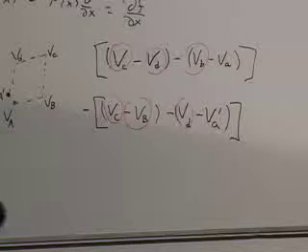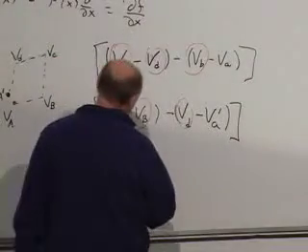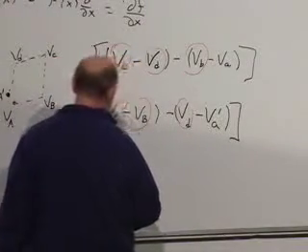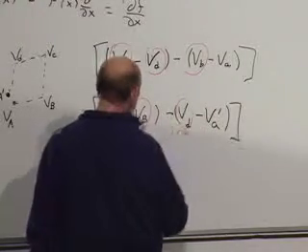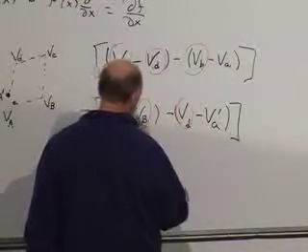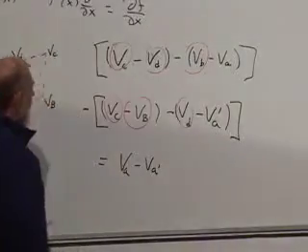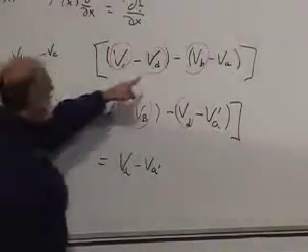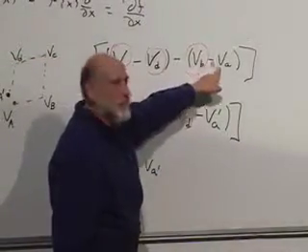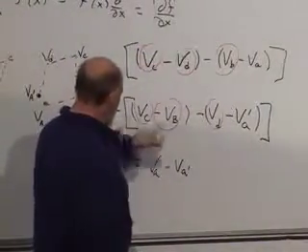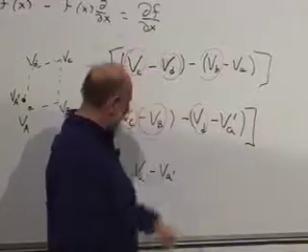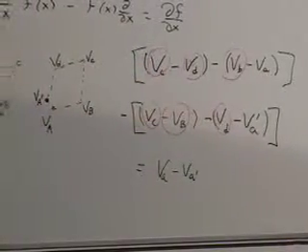VA prime minus VA equals, you're right, no. Yes, you're right, VA minus VA prime. No, I think I got it right. There's two minus signs here, so it's plus VA, and there's three minus signs here. So, good. VA minus VA prime.